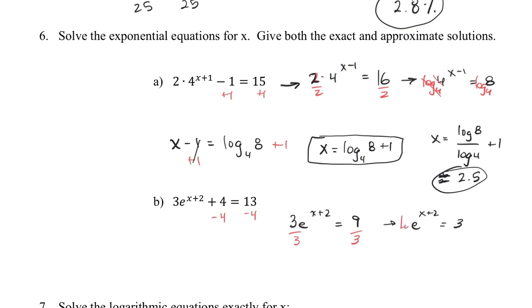Now to cancel the base e, use natural log. So then the base e is gone, so the x plus 2 is no longer an exponent, it's just an expression of x plus 2, so x plus 2 on the left, and then on the right we have equals natural log of 3. Now we can subtract 2.